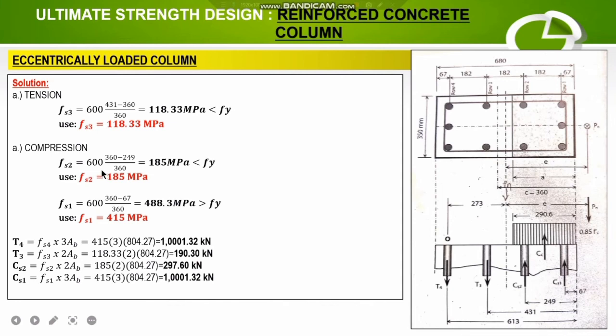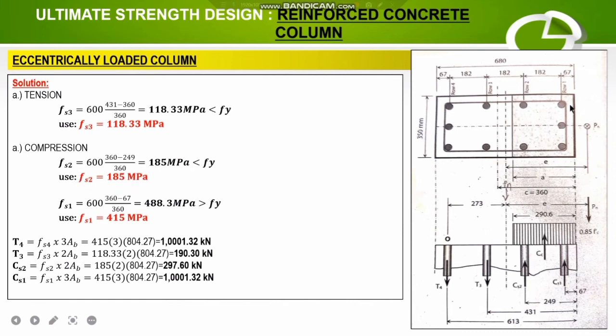So for the compression part, Fs is equal to 600 times C minus D prime all over C. So Fs2 equals 600 times 360, which is C, minus 249, which is D prime. So 249, or D prime, can be derived by adding 67 plus 182, since we are considering row 2. So 182 plus 67 is equal to 249 over 360. Therefore, Fs2 is equal to 185 megapascals, and it is less than Fy. Therefore, Fs2 is equal to 185 megapascals.